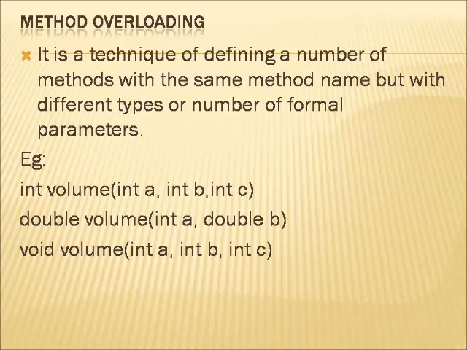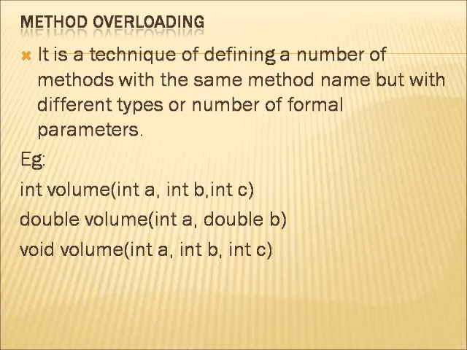So the next concept is method overloading. It is a familiar concept. In method overloading, we can create functions with the same method name, but they differ in the data type and parameters. Here in the example you can see that all these methods have the name volume, but they differ in the return type and the number of formal parameters, right?